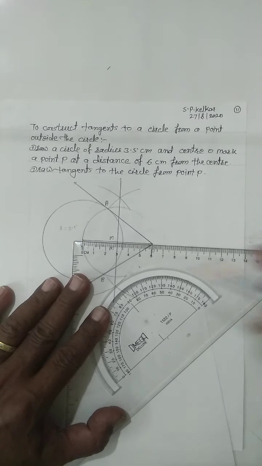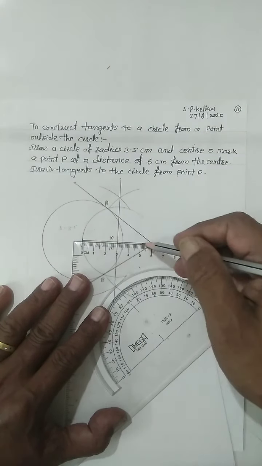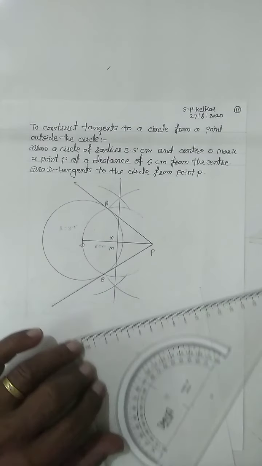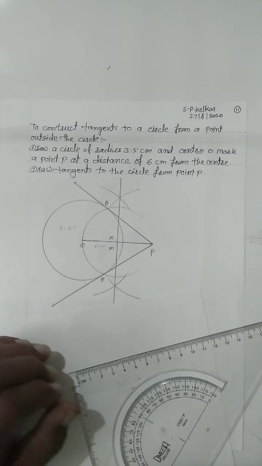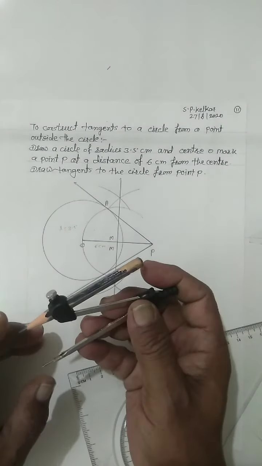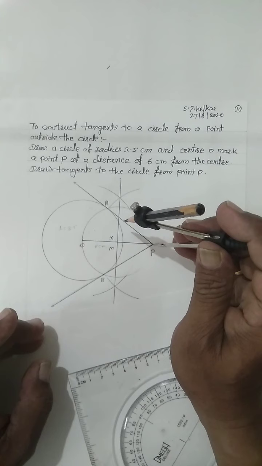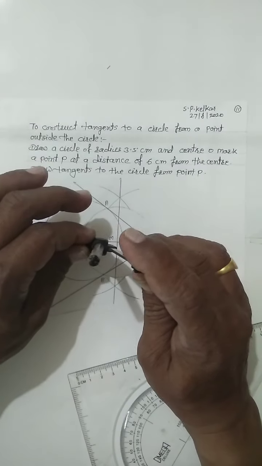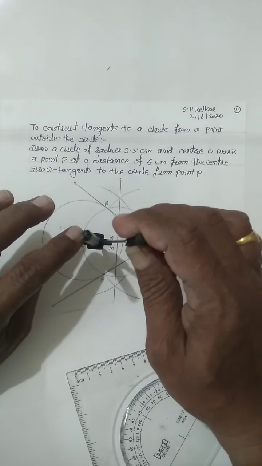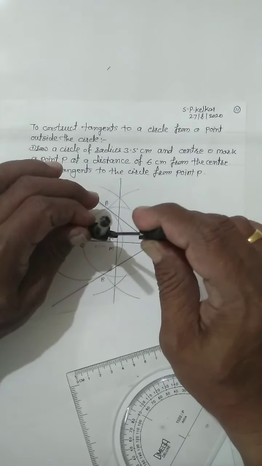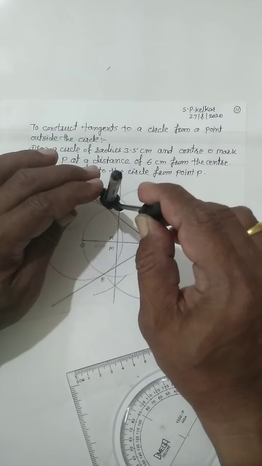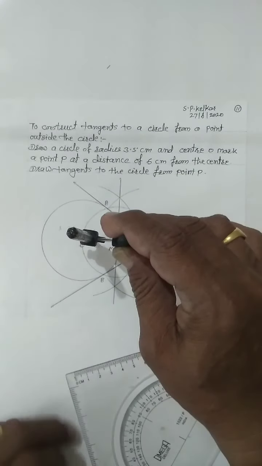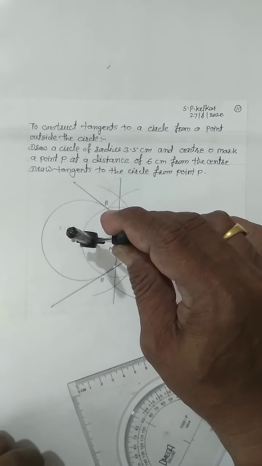In this way, we draw the segment OP, which is having length 6 centimeter. Then take a distance between two terminals of the compass which is more than half of the length of OP.